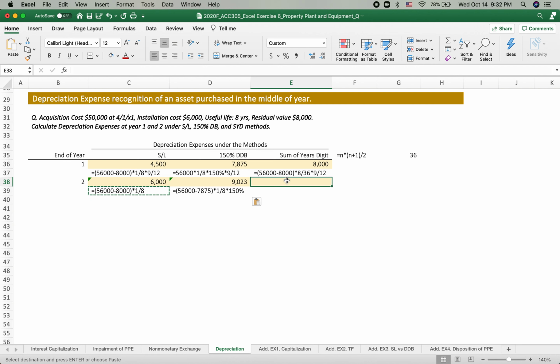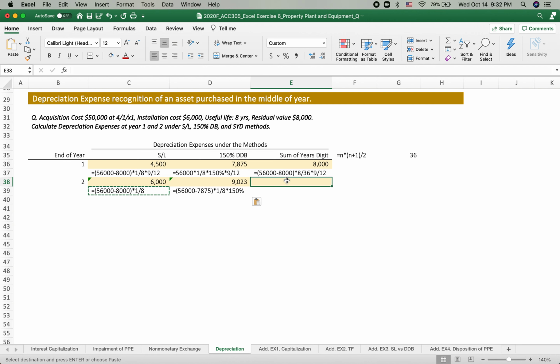When you calculate sum of the digits year, we measure the digit as a year. So first year, a second year. So the digit year is just a 1 year period, 1 year period that we want to apply.